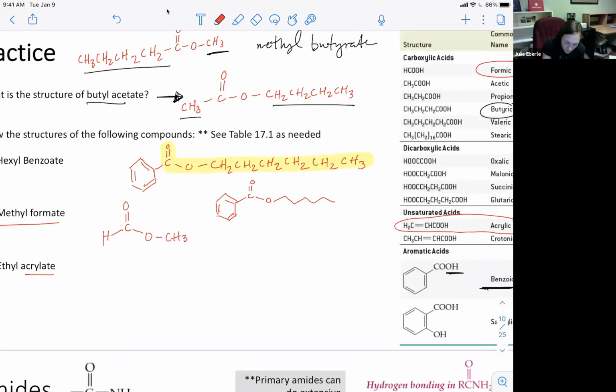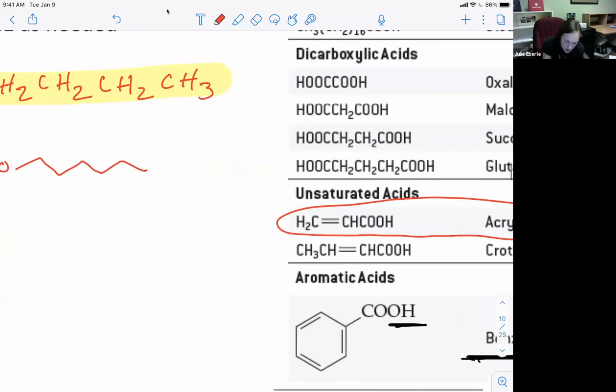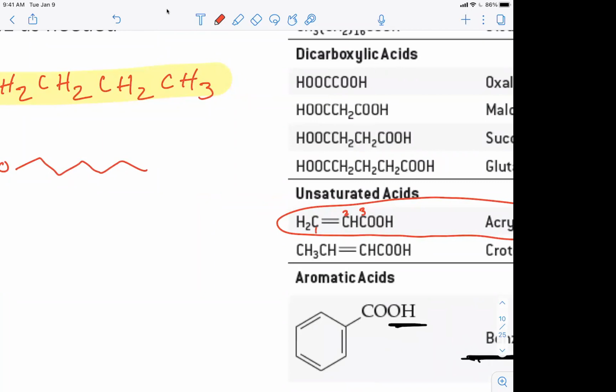So I'm gonna zoom back in on this. Which carbon in here? Let me number them. 1, 2, or 3. Which one is the carbonyl carbon? Is it number 3? Number 3 is the one double bonded to an oxygen.